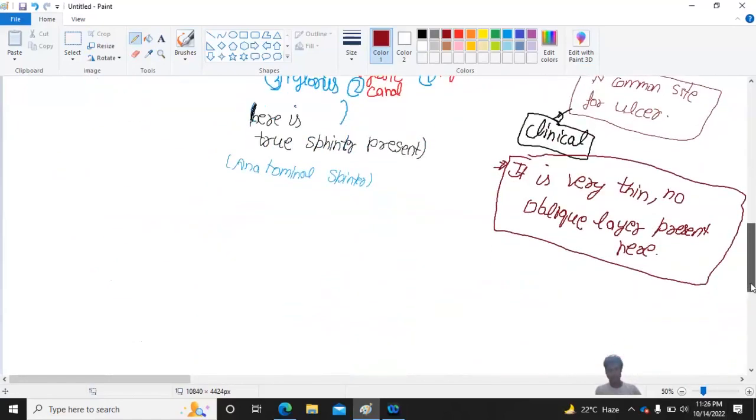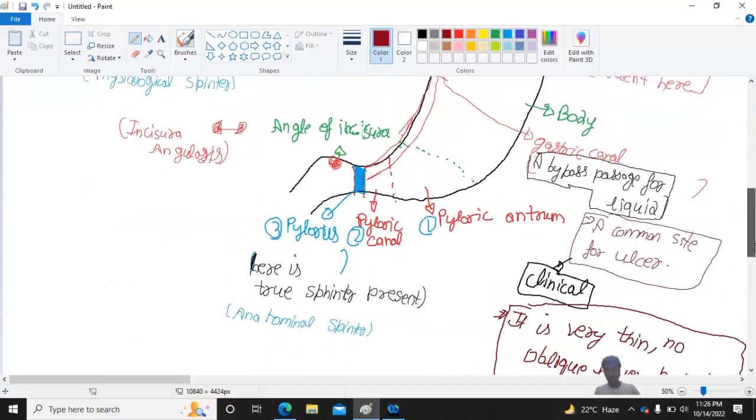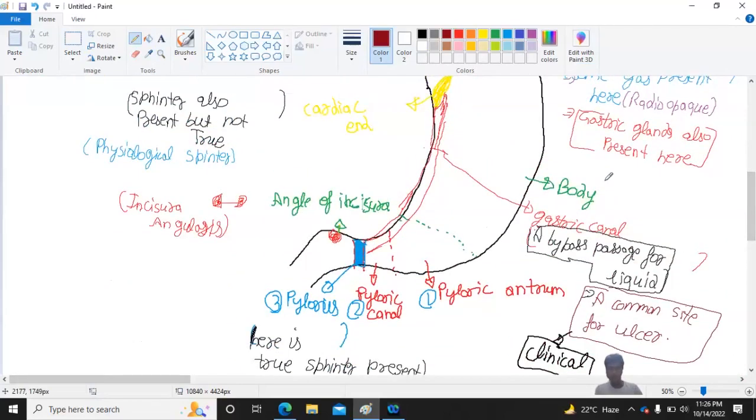Then the body of stomach contains some gastric folds.